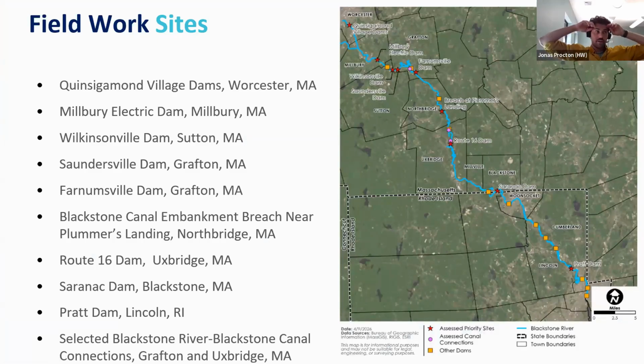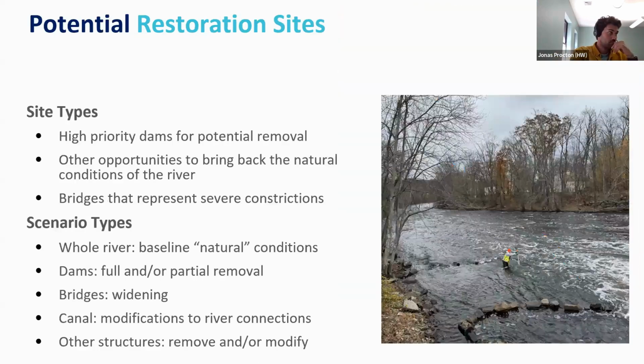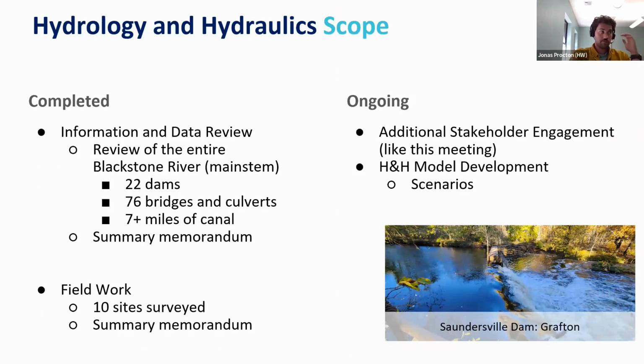Yeah, that's a great question, and I kind of glanced past that. Part of our whole information and data review essentially led to the selection of these 10 sites. We recommended around 10 sites from reviewing all the different dams, bridges, and locations where the canal interacts with the river, and identified dams that were feasible to take out.